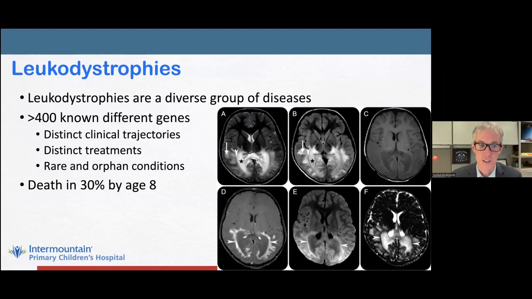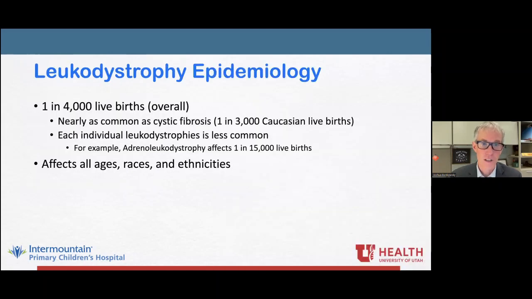So pretty severe diseases. At this point, we've really realized that these are much more common as a group than we had initially thought. They affect close to 1 in 4,000 births if you put them all together. That's almost as common as cystic fibrosis in the Caucasian population, though if you look at each individual leukodystrophy, it's much less common.